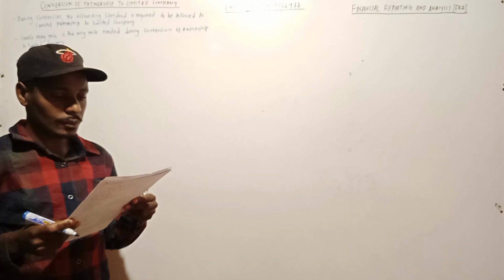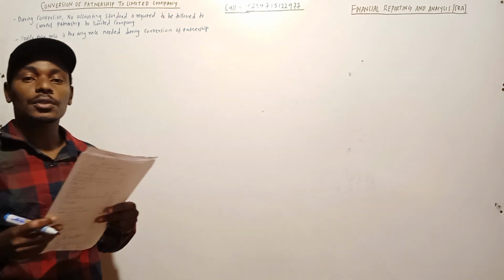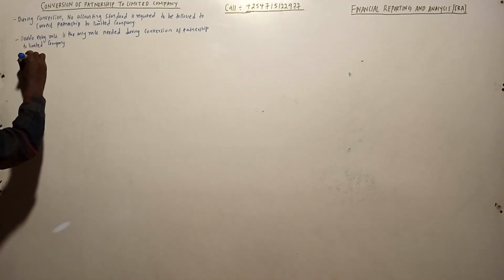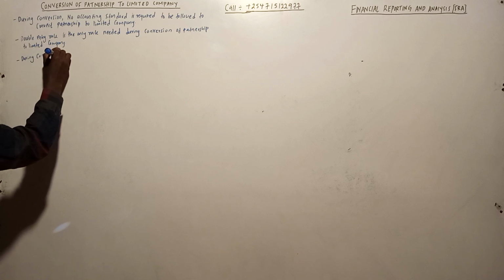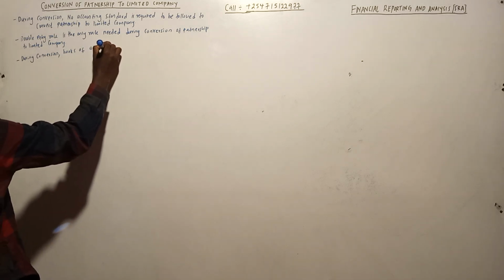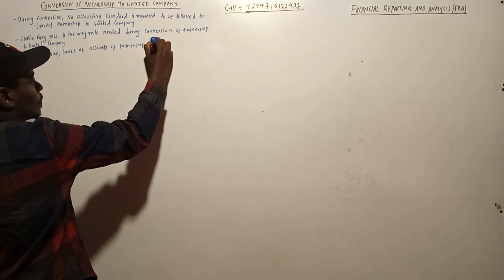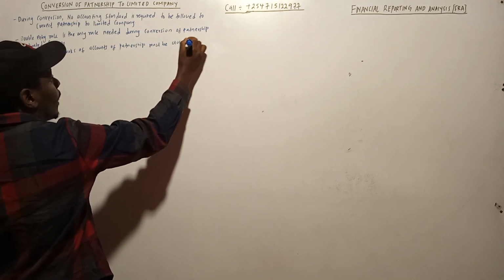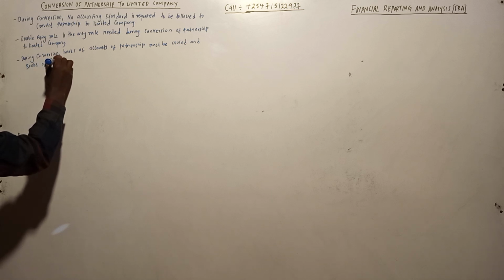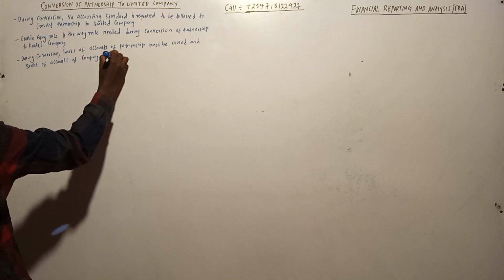Now, you need to know that during conversion of partnership, the books of account of the partnership must be closed, and the books of account of the company must be opened.